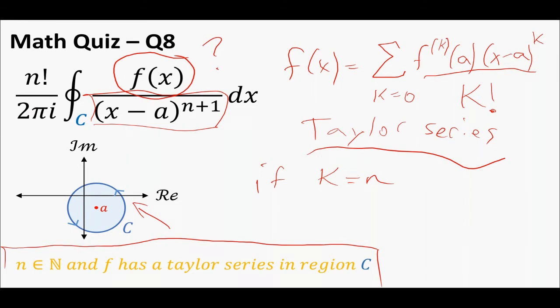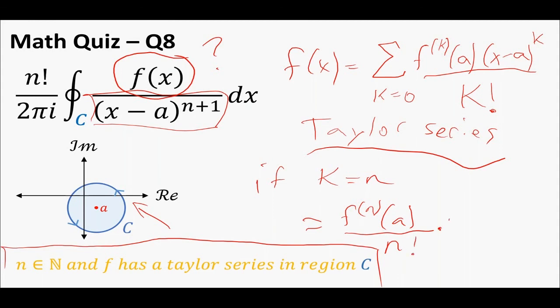So we're going to use that to our advantage, and in that integral, all the terms will be 0 except one term, and that term will just leave behind f to the n at a over n factorial.